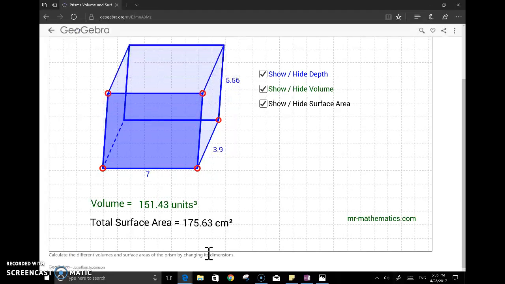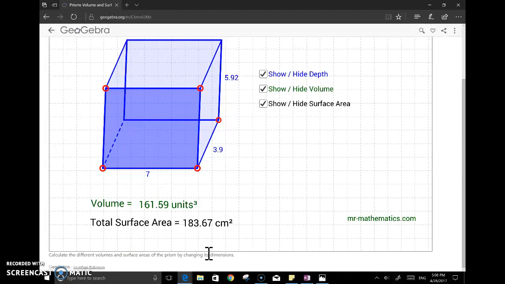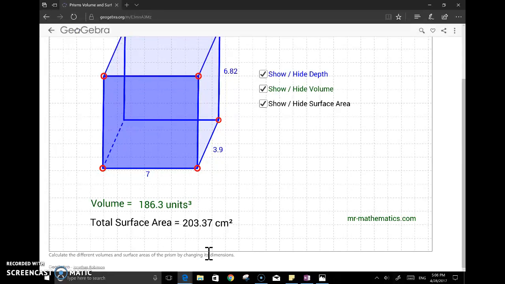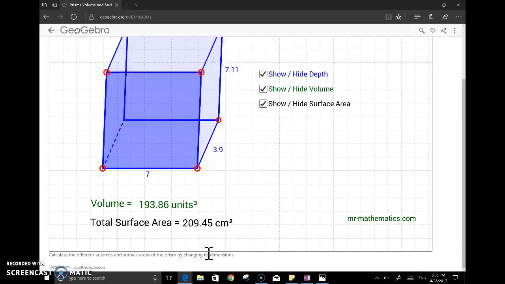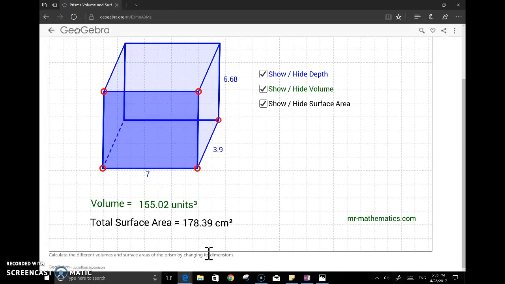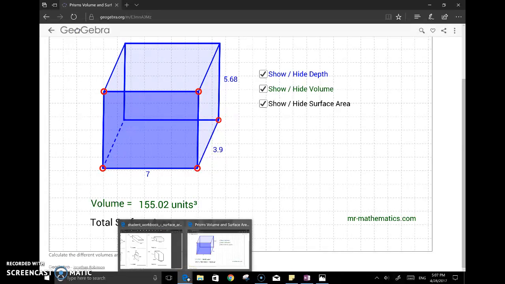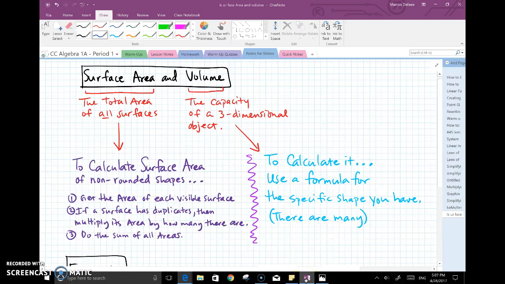And that's in fact what a box is. It's basically a base shape, in this case a rectangle, that is elevated by a height, and it's raised and raised and layered until you have an object in 3 dimensions that you can put stuff inside. So with that in mind, let's get back to our example.